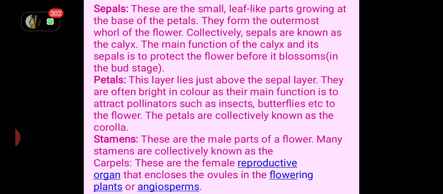Carpels are the female reproductive organ that encloses the ovules in the flowering plants or angiosperms. So, in gist I can say stamens are the male part of the flower. They are responsible for the reproduction, and carpels are the female reproductive organs of a flower.